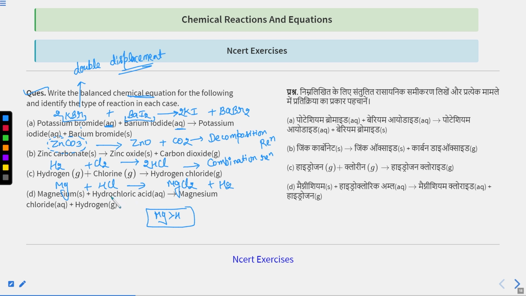When a more reactive element displaces another element from its salt solution or compound, that particular reaction is named a single displacement reaction, or simply a displacement reaction. I hope you got the types and what I want to deliver to you, right? So this is the answer to this particular question.